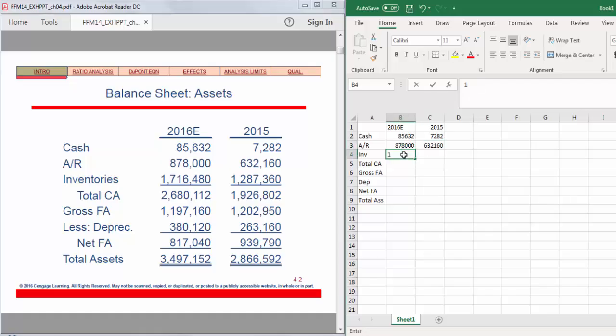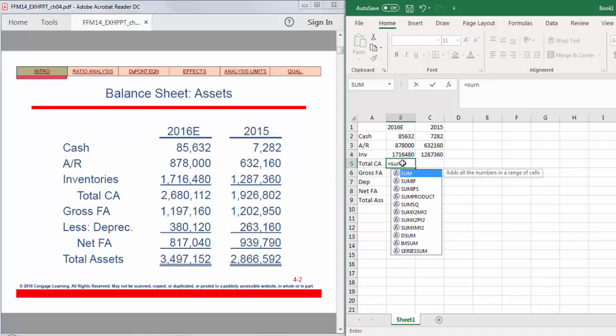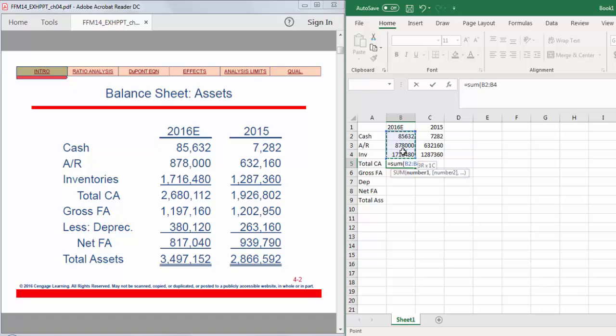Inventories is 1,716,480 and 1,287,360, and this will be a combined total of the above, and I can just copy it here, and then you got this as the total current assets.